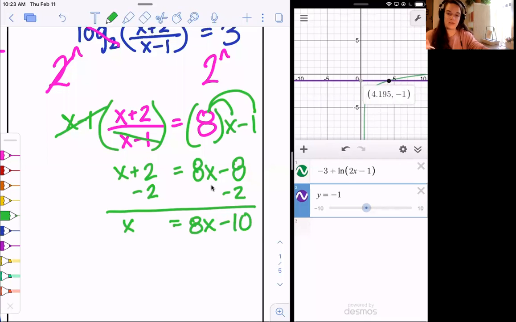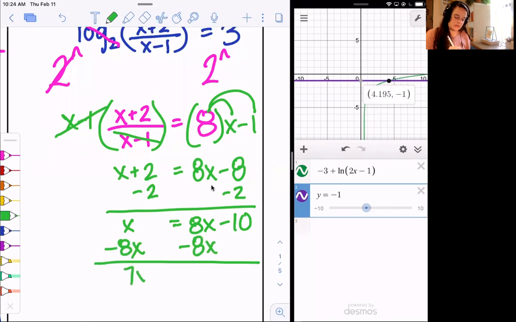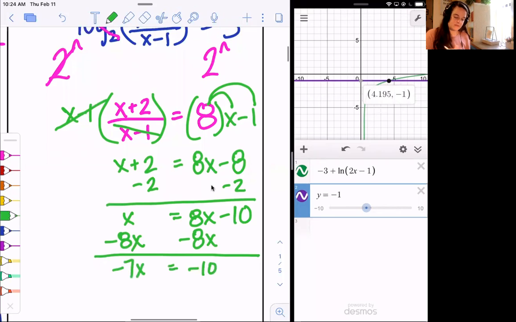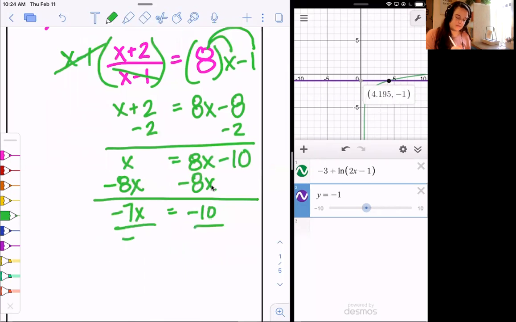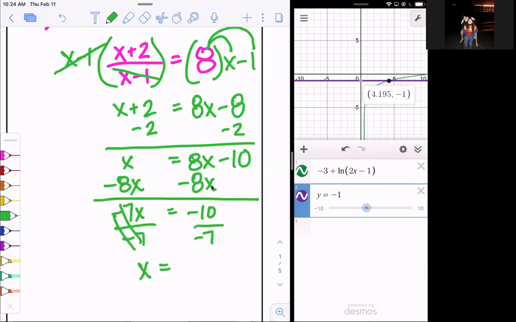All right. And then you subtract the 8x to the other side, which would leave you with 7x. What kind of 7? Negative 7x minus 10. And then you divide negative 7 to negative 10. x equals, what does that give me for an answer?